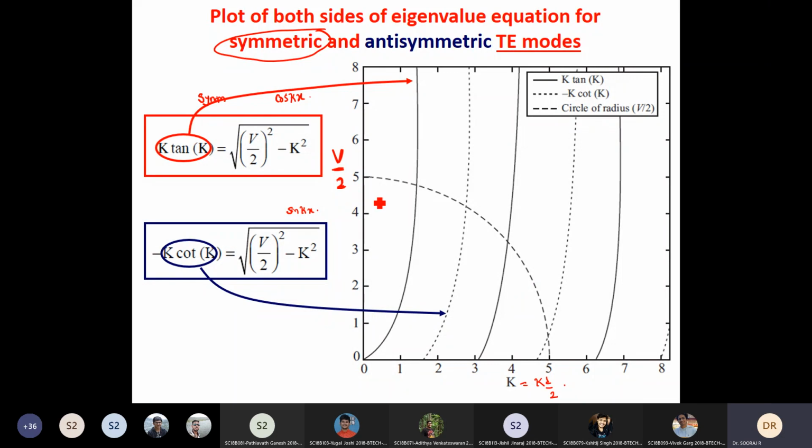You will see that these two curves intersect at certain points. This is one intersection, another one here, and another one there.